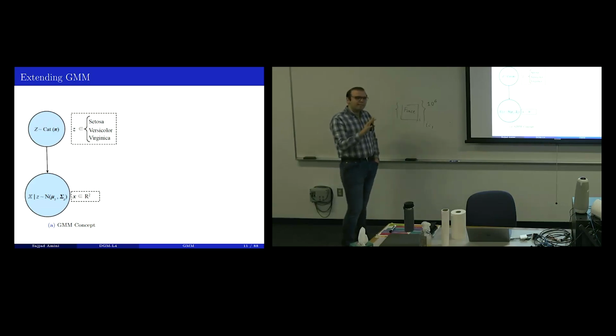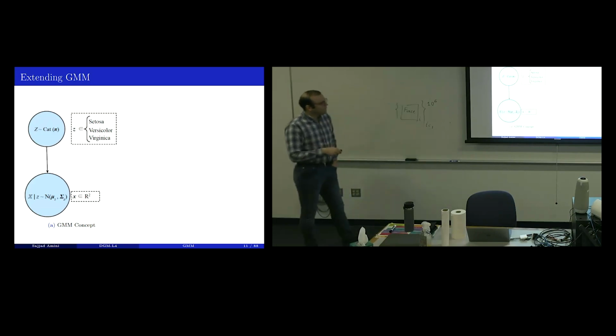We do not know anything about how we calculate Z, but what do you think a suitable Z could be in that case? In the case of flowers, Z encodes to some extent the type of the flower. You know? But how can we extend the concept of Z here?